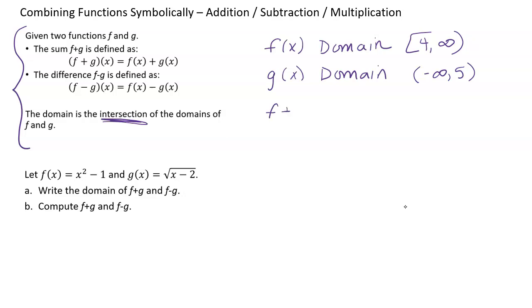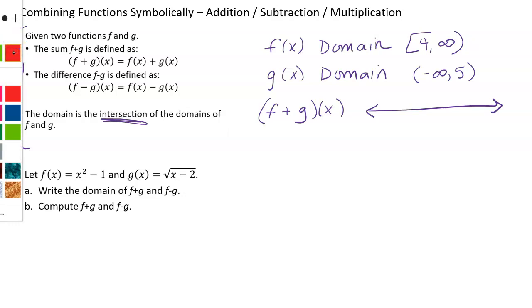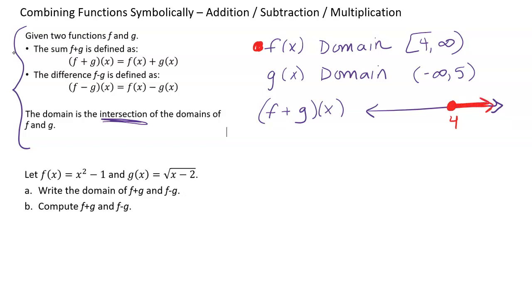So let's just say I'm finding f plus g of x, where I add the two functions together. I suggest that you graph these on a number line and maybe use different colors. A lot of students like doing that. The different colors help to see the intersection. So if I do f of x in red, I would have 4 with a closed circle, or you could put a bracket there, and then I would be going to the right.